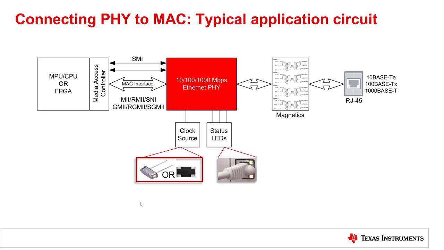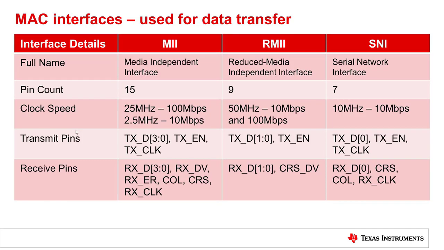This is an out-of-band signal which is typically used for configuration data. On the right side you see the magnetics followed by the RJ45 connector. Below you have the clock source, which could be a crystal or an oscillator, and the status LEDs, which typically provide indication of link and activity.